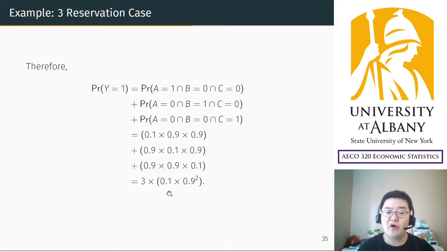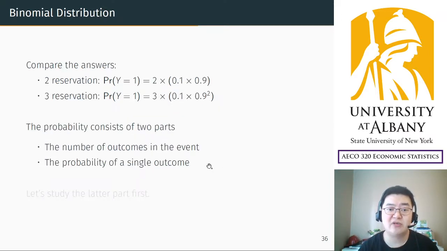So 0.1 times 0.9 times 0.9 is the probability of a single outcome. But there are 3 outcomes with the same probability, so you multiply by 3. This was a brief review of what we did in last week's video.